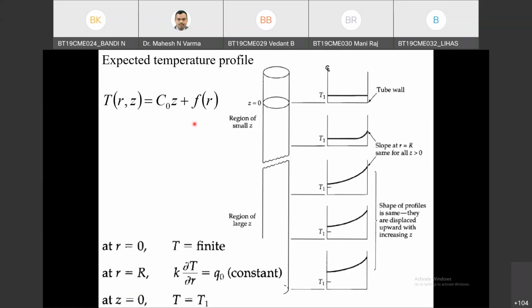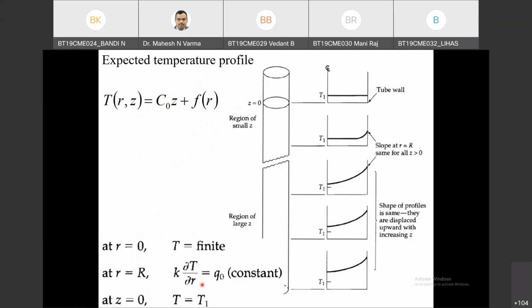If I put Z equals 0, what I will get is temperature equals a function of R. This cannot be solved actually for this third boundary condition. Certainly I need to involve R also along with this.